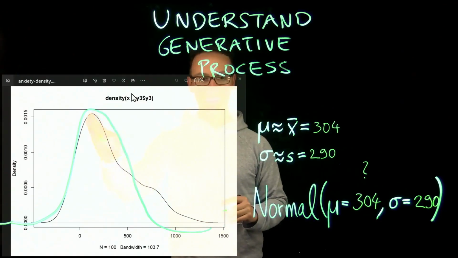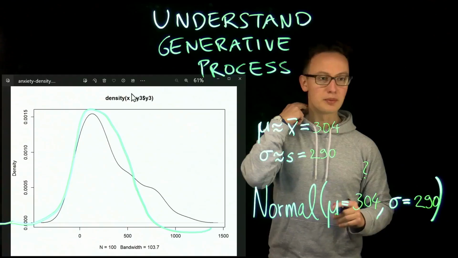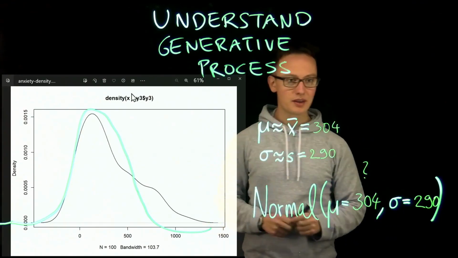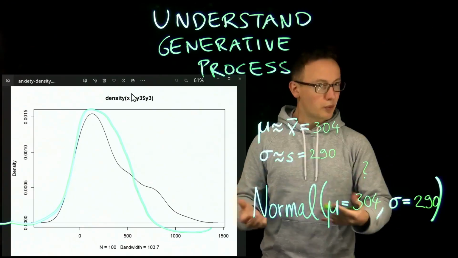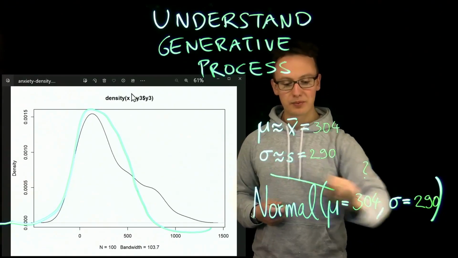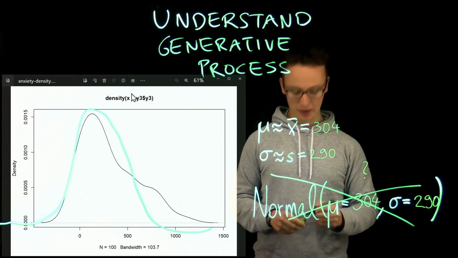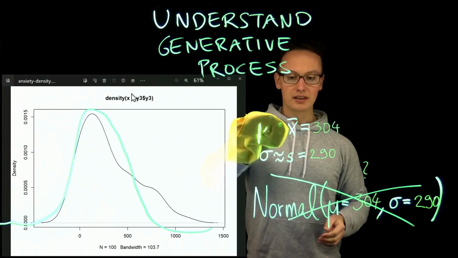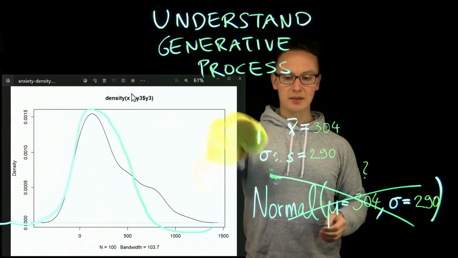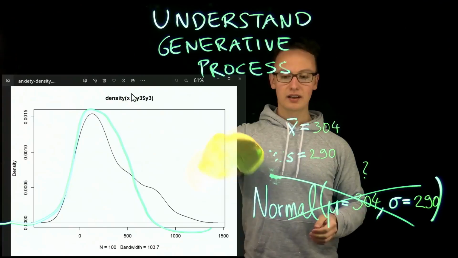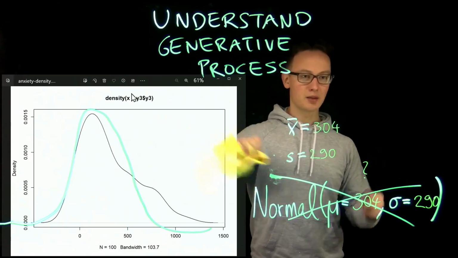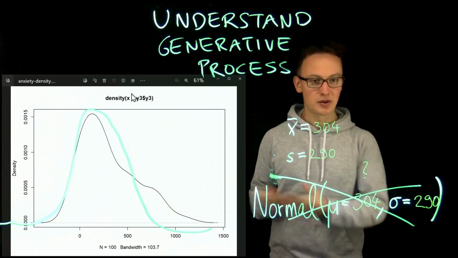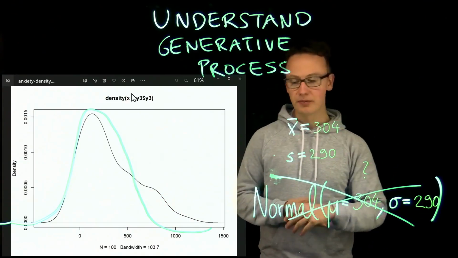So it's really not symmetrical around the mean of the sample, which suggests that probably in this case for the anxiety scores, the true generative process is not a normal distribution, and therefore we can't really assume that these sample means and sample standard deviations will be a good approximation as population parameters for a normally distributed population of scores, because here probably the true distribution is maybe something else.